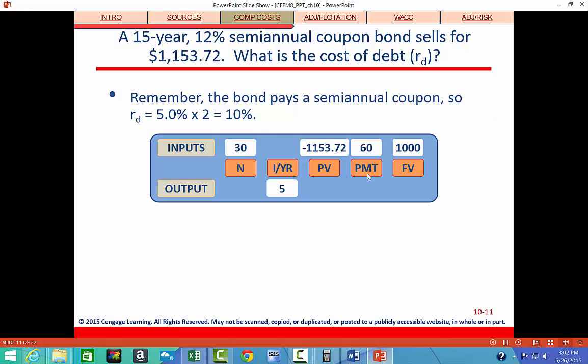The payment is 12% of 1,000, which is $120, divided by 2 because it's semi-annual. So that's where we get the $60. And then the future value is 1,000. So we compute I and we get 5. And remember, that's a 6-month rate since it's semi-annual. It's like the periodic rate. So we multiply 5 times 2 and we get 10%. So 10% is our RD that we'll use in the equation.